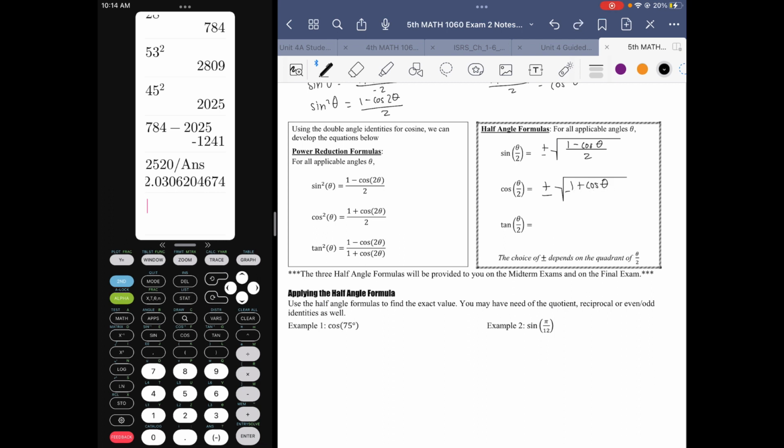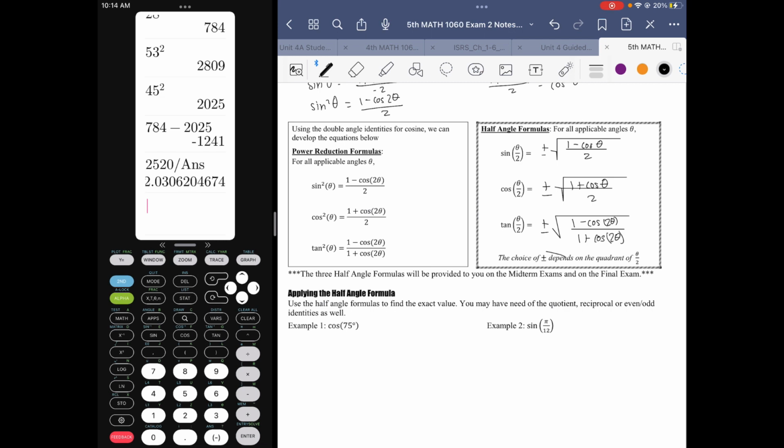It's the same formula, it's just the square root. And then tangent is also similar, plus or minus the square root of 1 minus the cosine of 2 theta over 1 plus the cosine of 2 theta.